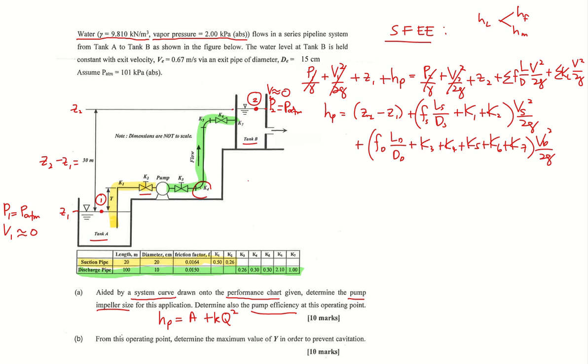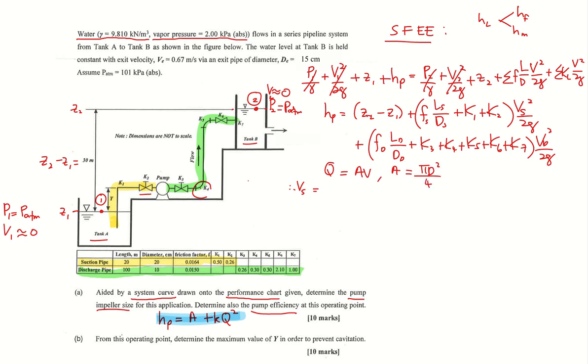It's just that Vs, we don't want the equation to have V or velocity because we want the equation to be in terms of Q. So we can replace V with Q by using Q equals to AV. Therefore, Vs is Q divided by A, where A is the cross-sectional area, pi d squared over 4.